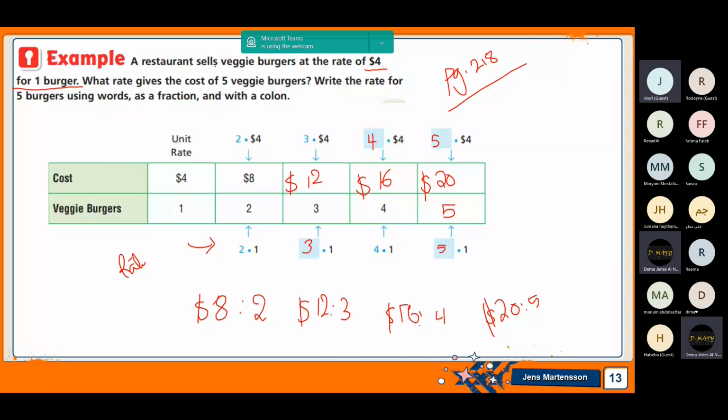No, because of the units. You multiply by 4. So we use this number for multiplying. Hurry up, please. I'm done.